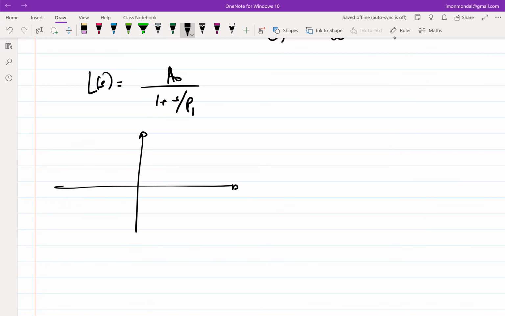So I'm plotting here, this is real L, imaginary L. Okay. So ultimately, we are looking for whether I will have encirclement of this point, minus 1, 0. Okay. So we have to start from, where are we starting from?